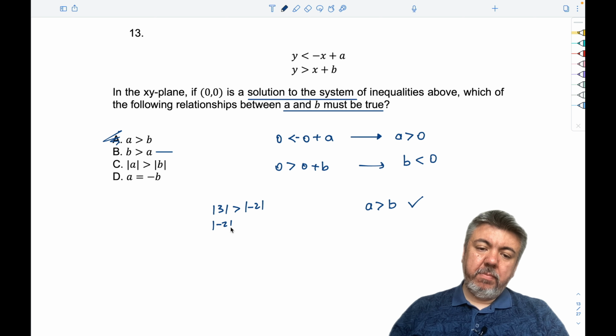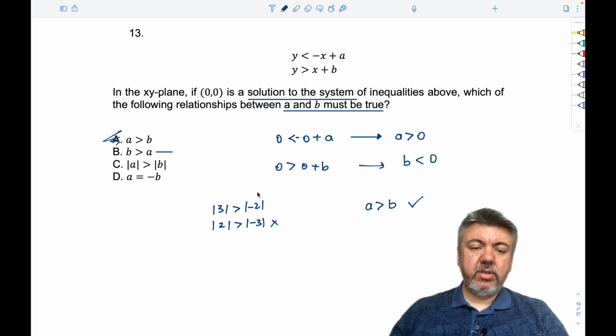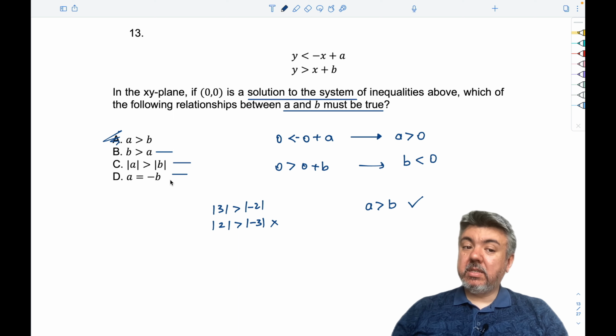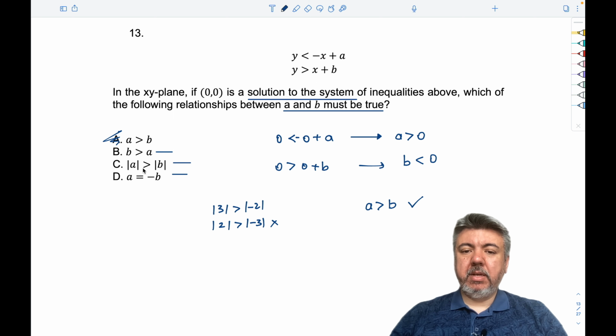But if that's the opposite case, like this one, it's not correct. So it depends on a and b, and it's not a must. Possible, but not a must. So the answer is A, my friends.